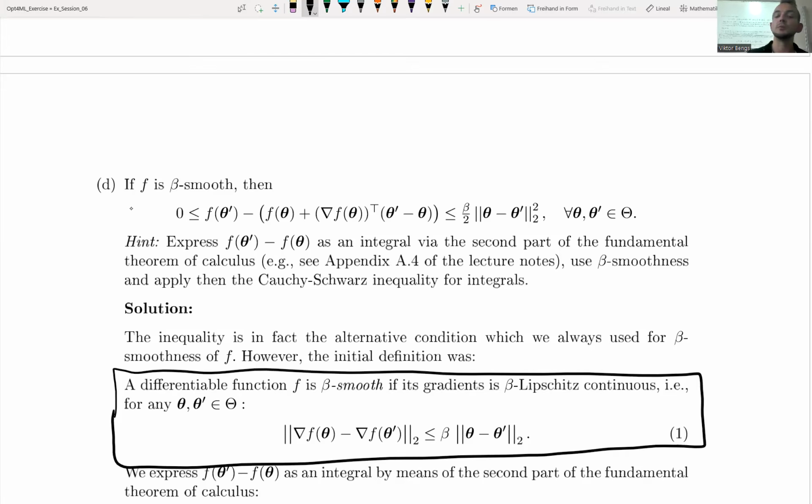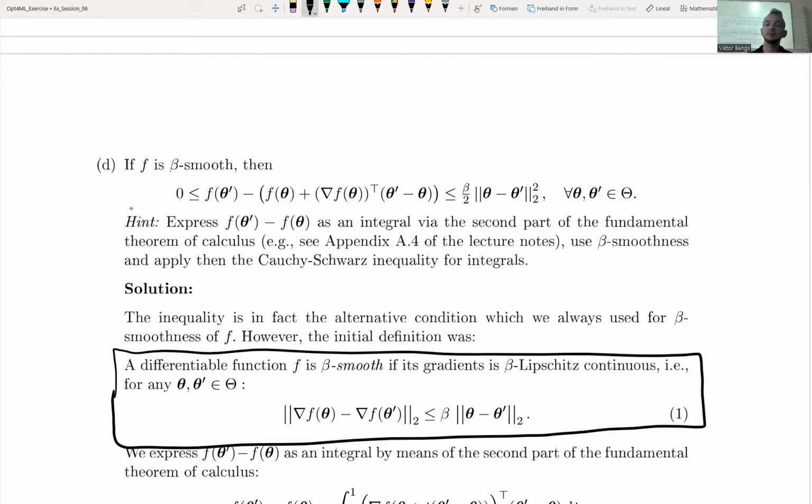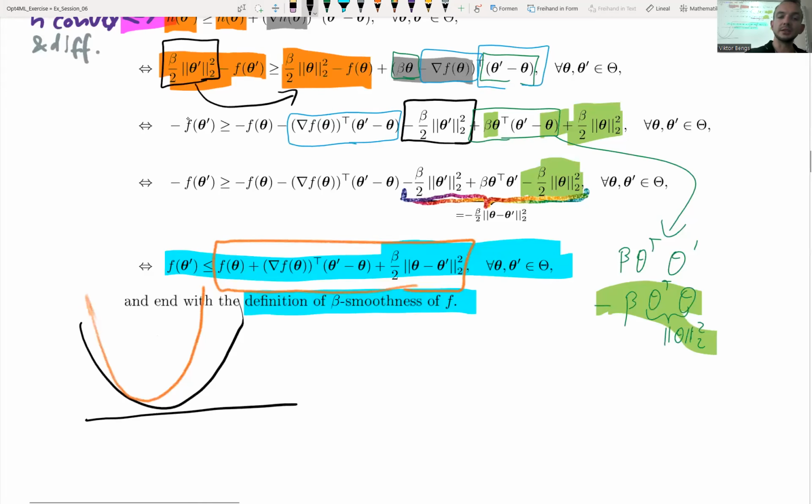You remember this double cone property we had for beta Lipschitz continuous, which is more or less specified by inequality 1. And only if the function is convex, this definition is equivalent to what we have here in blue, only then.